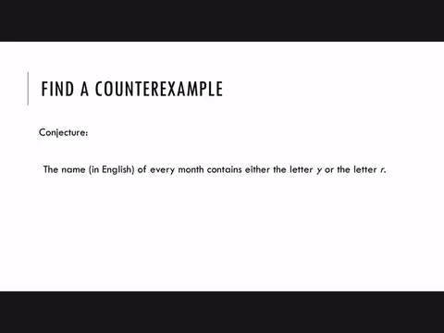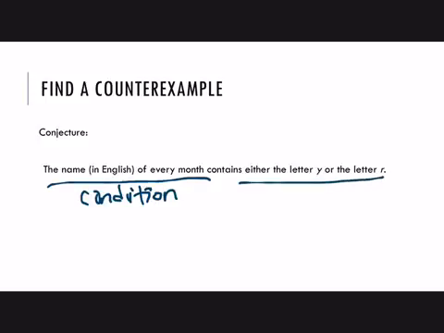Well, now to disprove this, what we have to do is think of an example that meets the conditions of this statement. It has to be the name in English of a month. Those are the conditions. And then it has to contradict the conclusion. So the conclusion was that if it is one of these names of a month, then it contains Y or R. So this is the conclusion.